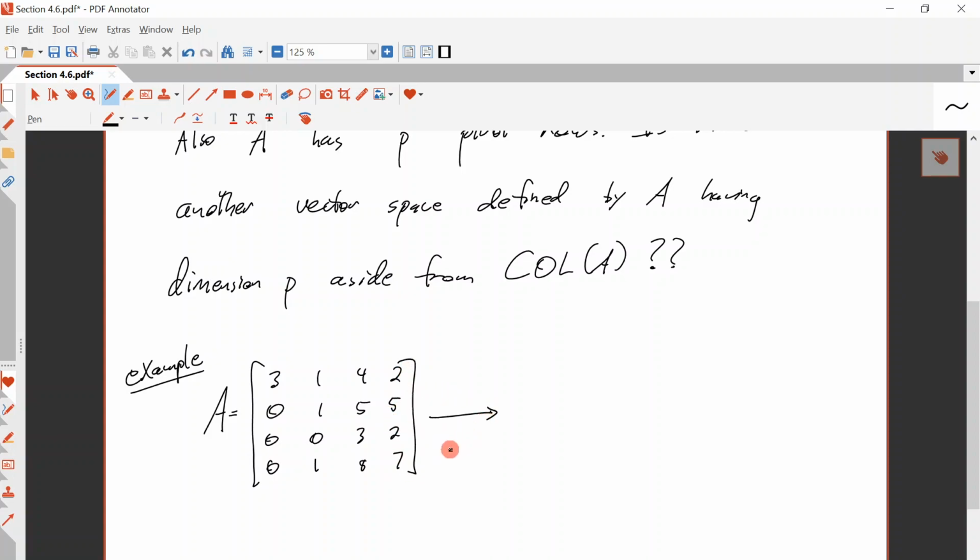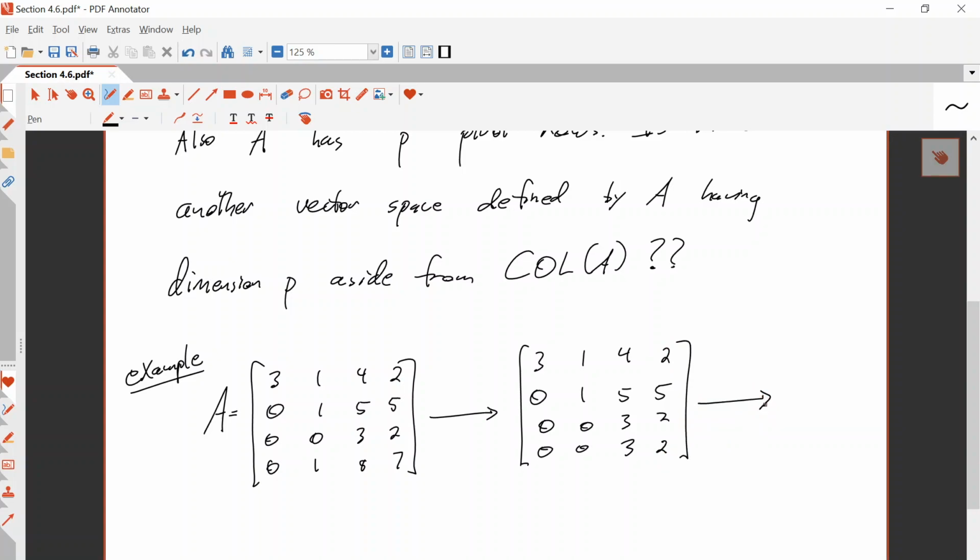Okay, so we can reduce it to the following matrix. Now I'm going to subtract row 2 from row 3. 3, 1, 4, 2, 0, 1, 5, 5, 0, 0, 3, 2, and then 1 minus 1 is 0, 8 minus 5 is 3, 7 minus 5 is 2.